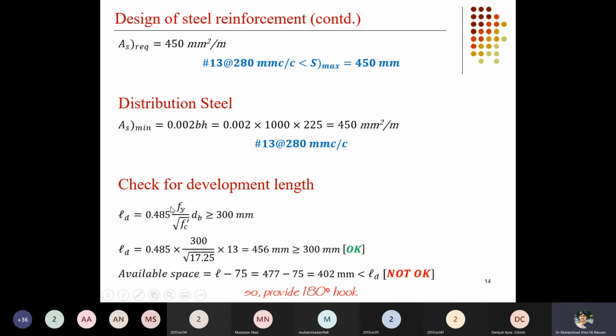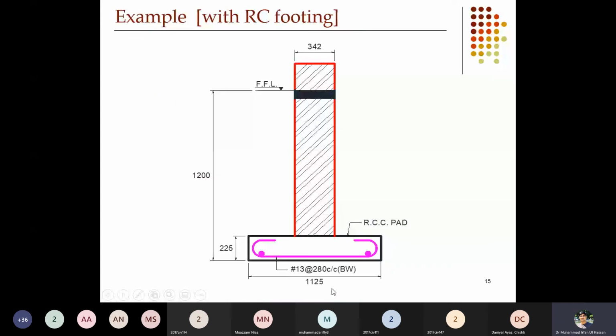Now you will check the development length, since these bars cannot be curtailed before the development length. The development length is computed as 456, which is larger than 1 foot. But now you will see whether this space is available or not. The available space is the length minus 75, and you can see that the space available is lesser. So you need the 180-degree hook, a double hook, to provide this steel.